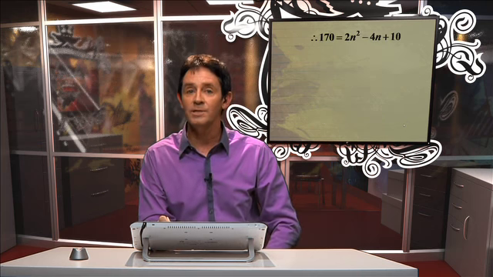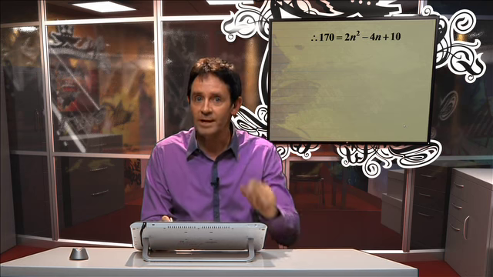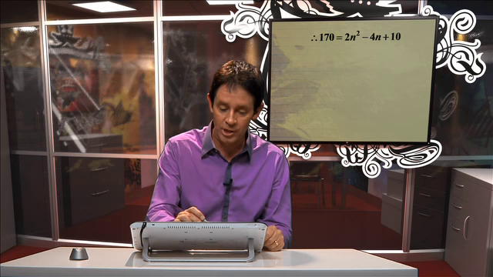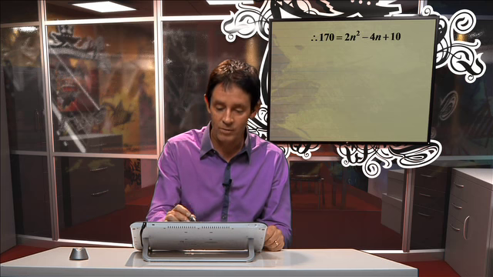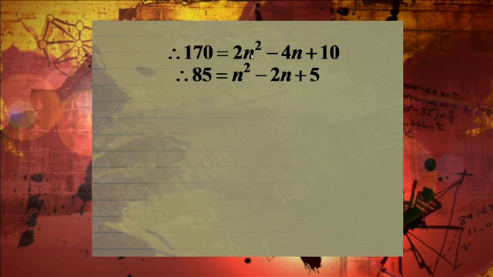Now, which term is the important thing? Which term is 170? We don't know its position, we don't know its n value, but we've got a term with an unknown position. Now look at this. We change Tn to 170, and we've got to do some solving. The first thing I'm going to do is divide everybody by the common factor 2. 4 divided by 2 is 2, 10 divided by 2 is 5, and 170 divided by 2 is 85. Now bring that 85 across.